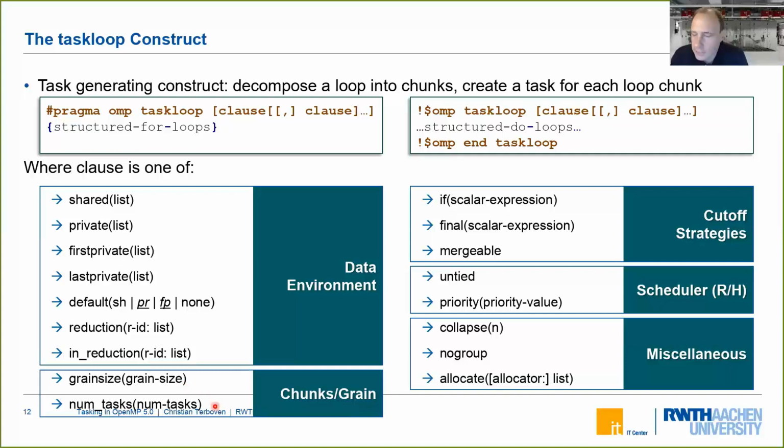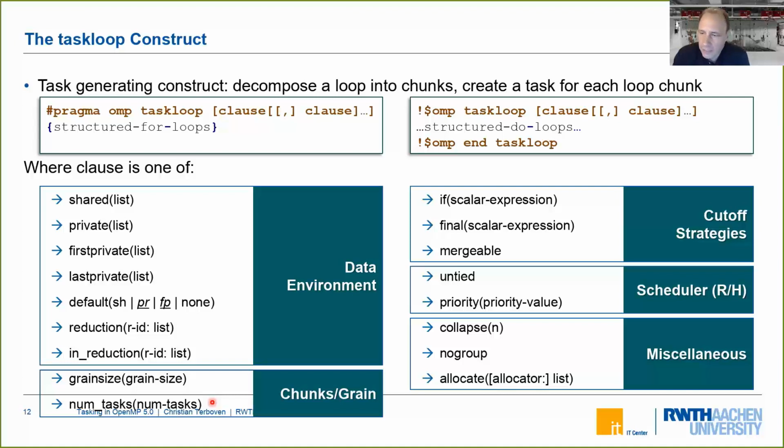So with a taskloop, you can specify either a grain size or the number of tasks. The grain size means that, with a given value, this number of iterations is put together to form an individual task, while num_tasks specifies an approximate number of tasks that shall be used when decomposing the for loop into tasks. And with that, I would like to highlight the difference. The worksharing construct partitions a loop into blocks and executes those blocks on threads, while the taskloop actually decomposes the loop into tasks.